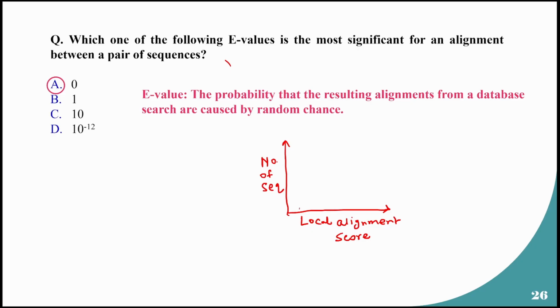Now what you will see in this particular case, you might see something like this. So this is what I'm showing here. This would be a very ideal representation, or ideal plot, for a local alignment.